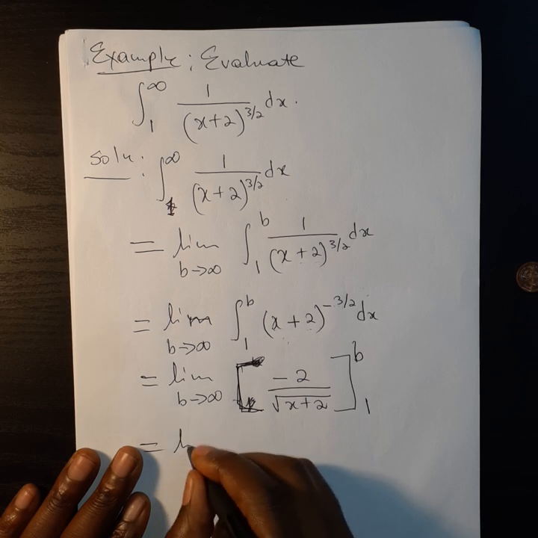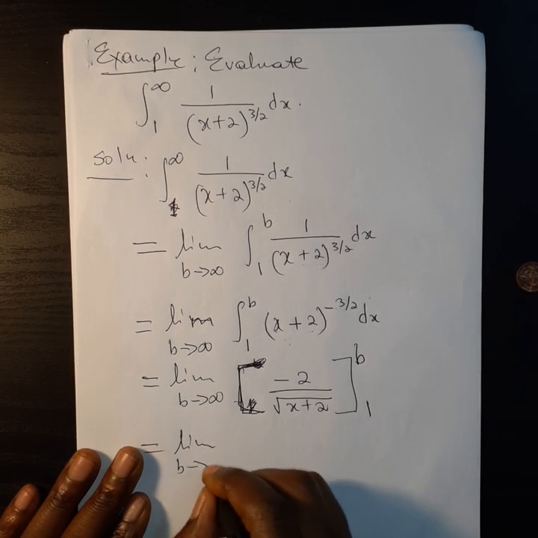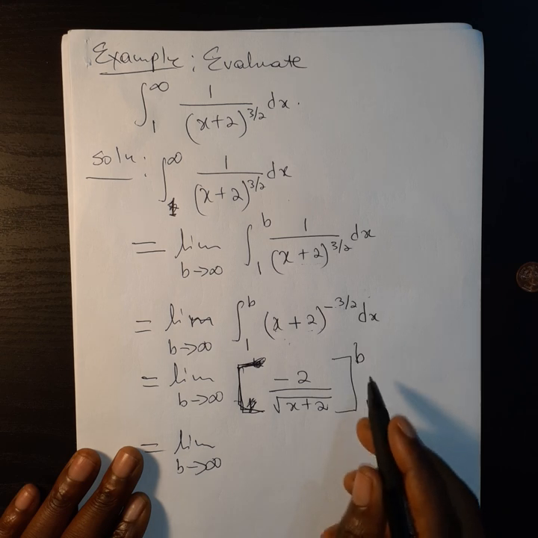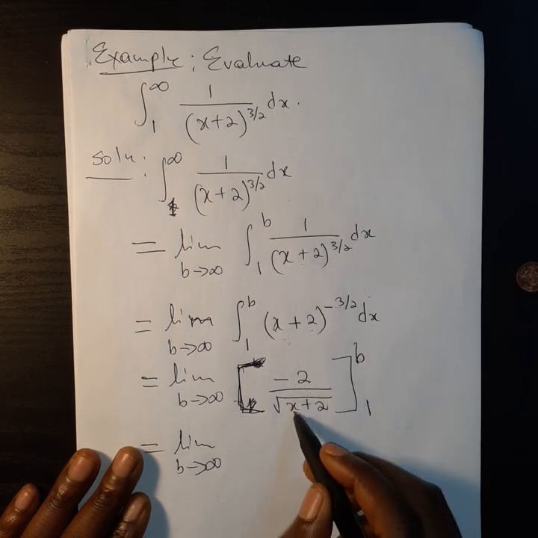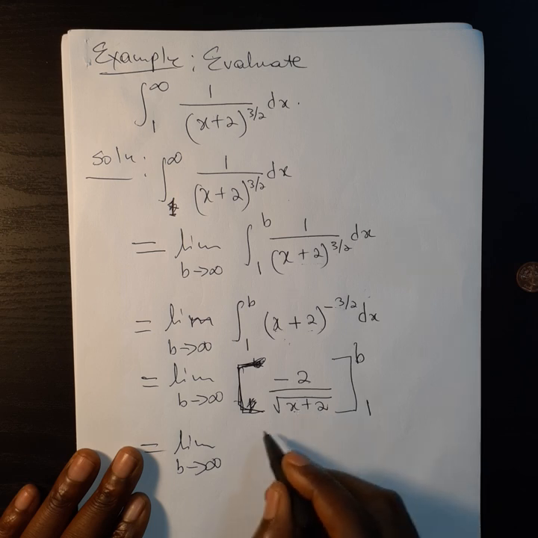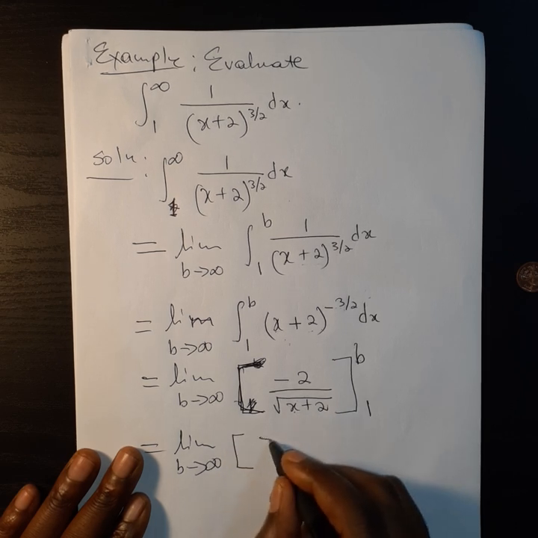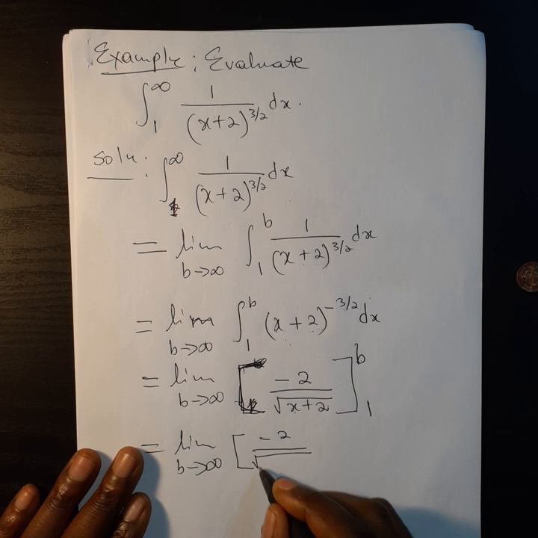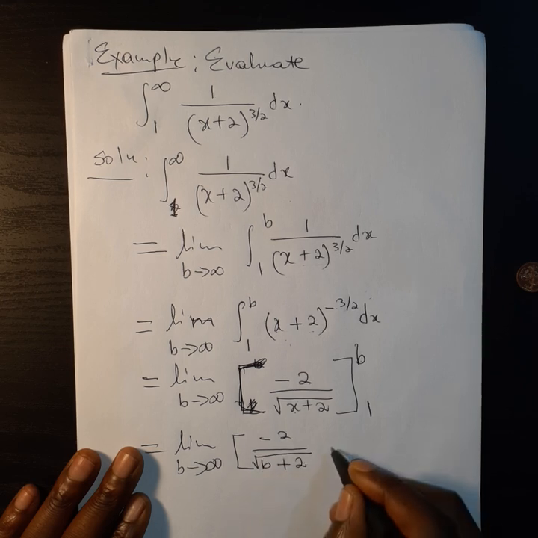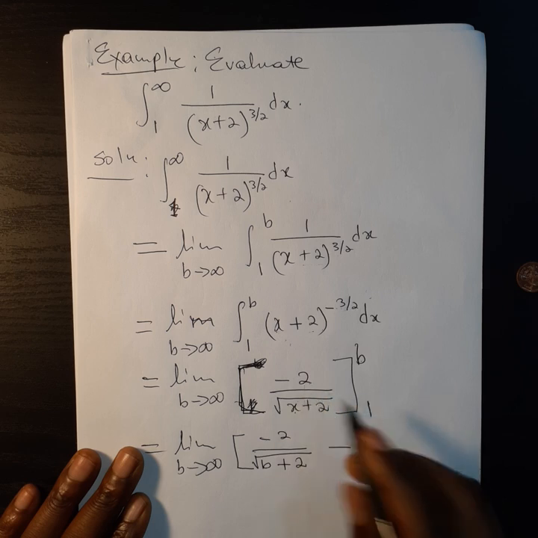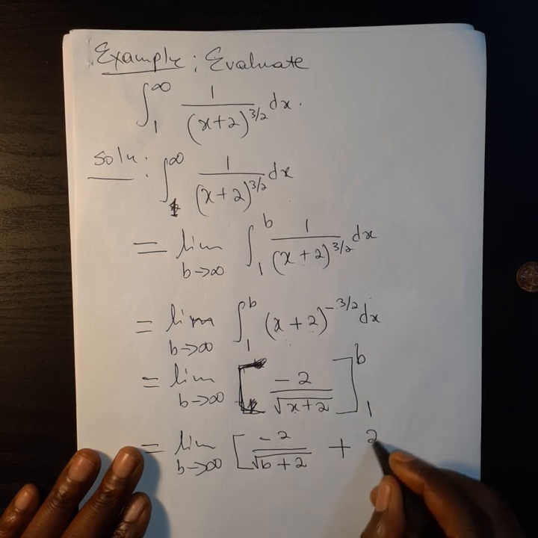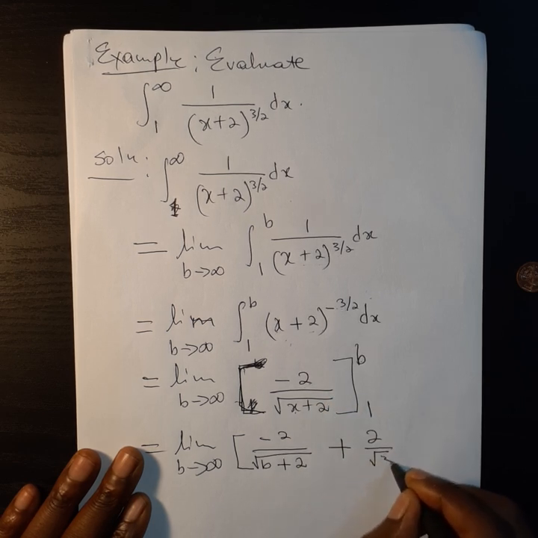It's going to be the limit when b is approaching infinity. We put b here, so we end up with minus 2 over the square root of b plus 2 minus, we put b here, it will be plus 2 over root of 3.